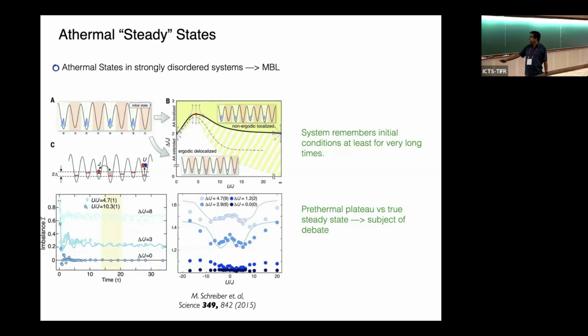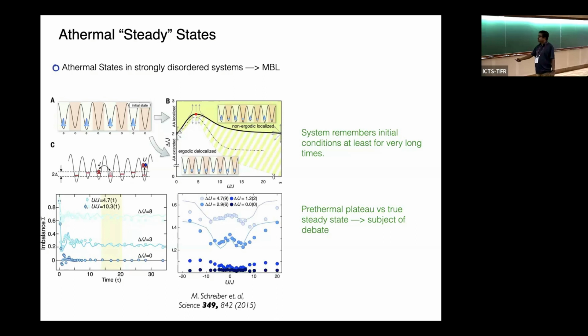The only thing that can distinguish between the odd and even sites is the initial condition. So this is often cited as an example that the system retains long-term memory of its initial condition. And again, there is lots of debate whether this will remain here or will just go slowly to zero.